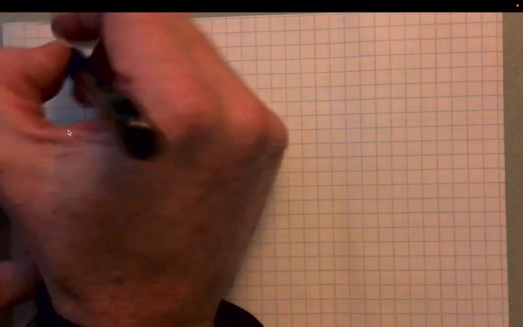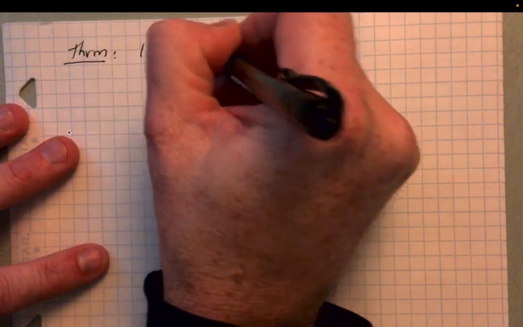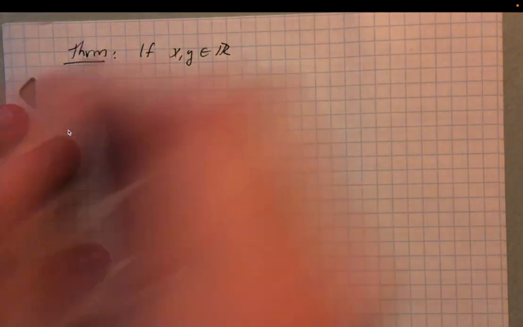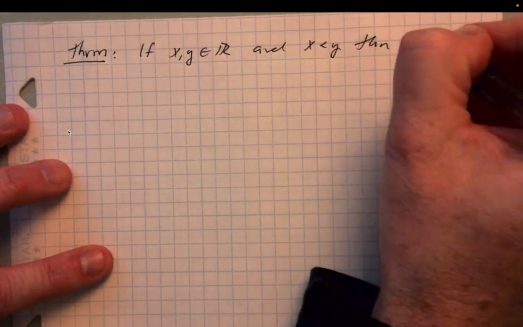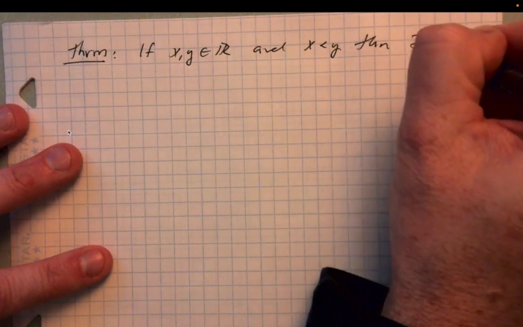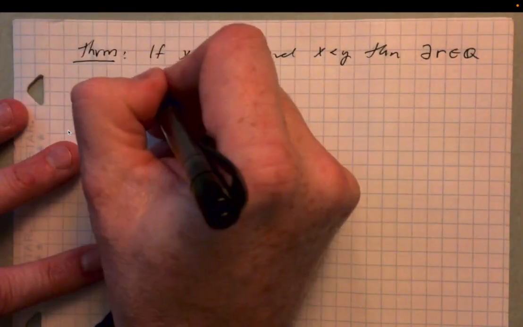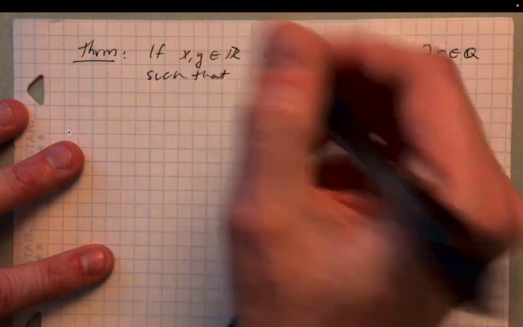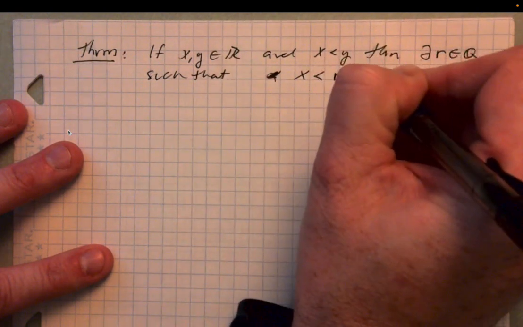Okay. The second theorem that I want to pull out here is the following. What this one says is that if x and y are real numbers and x is less than y, then there exists a rational number, an r in Q, such that x is less than r, which is less than y.